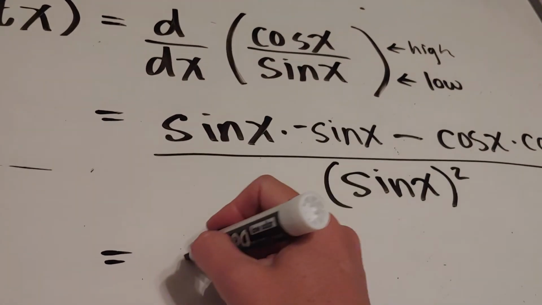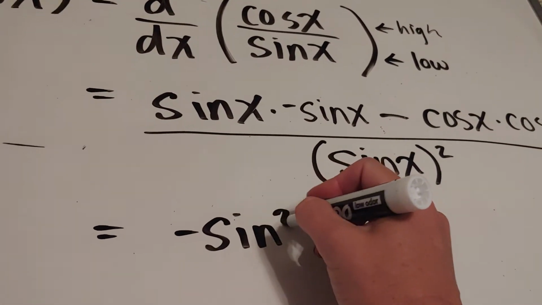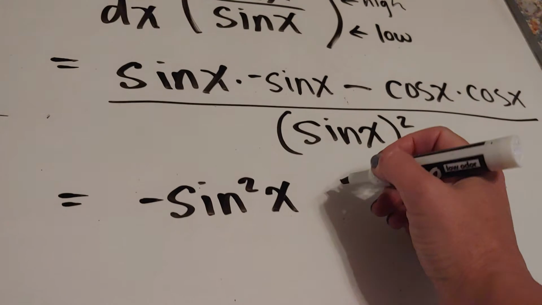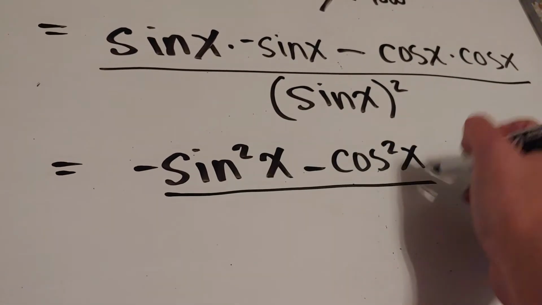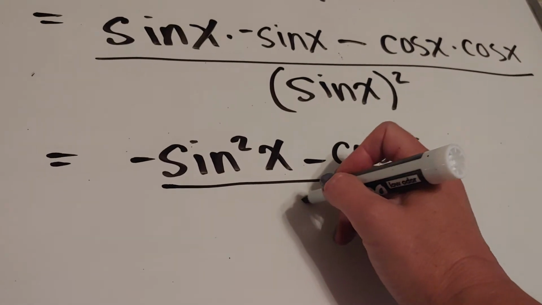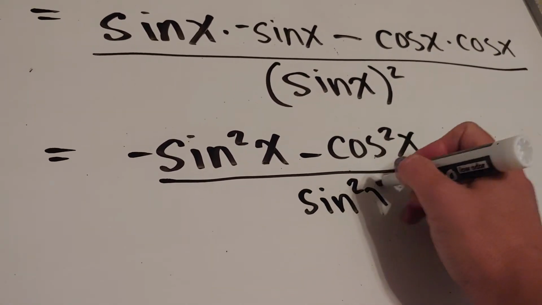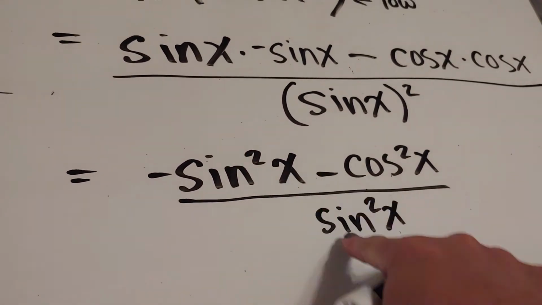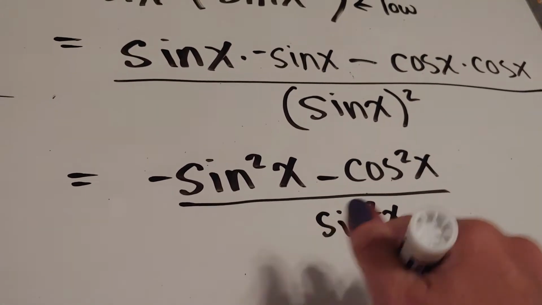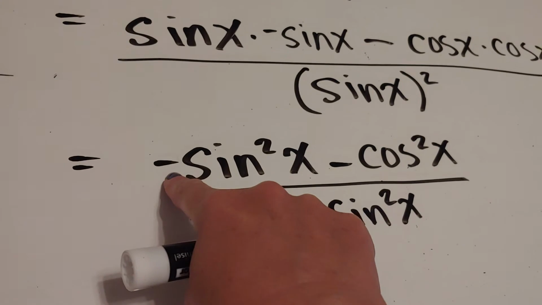Okay, we're going to clean up the top. The top is a negative sine squared and a minus cosine squared. And I'm going to break a little bit of my rule: sine x squared is sine squared, so I'm going to clean that up. Do not cross these guys off. This belongs to both pieces. However, I do notice that I can factor out a negative.